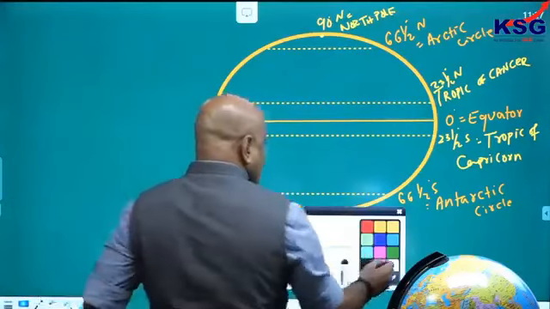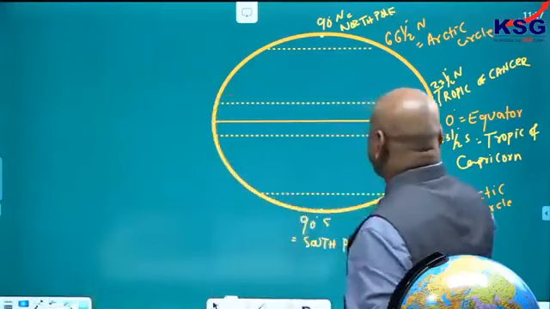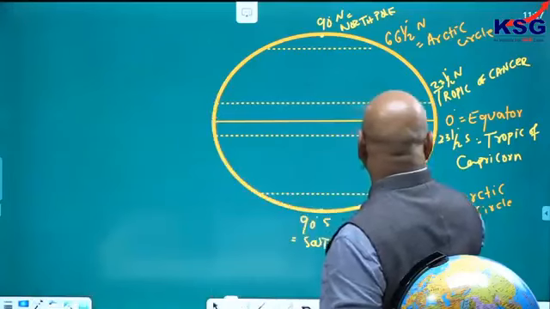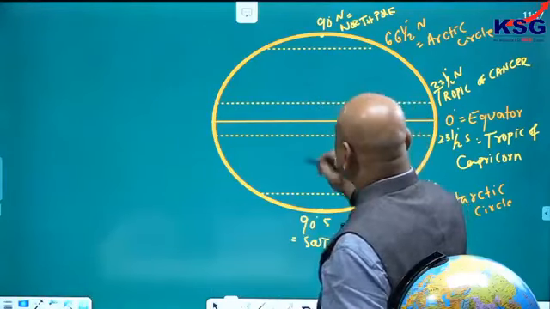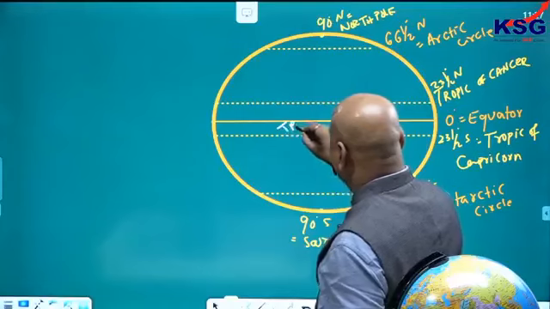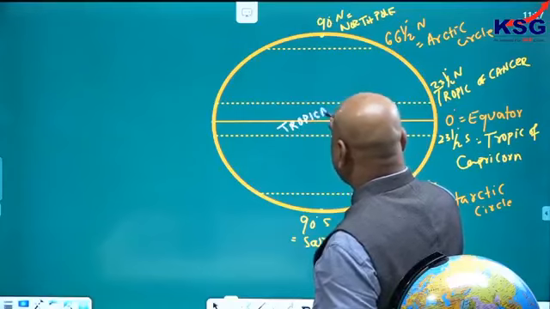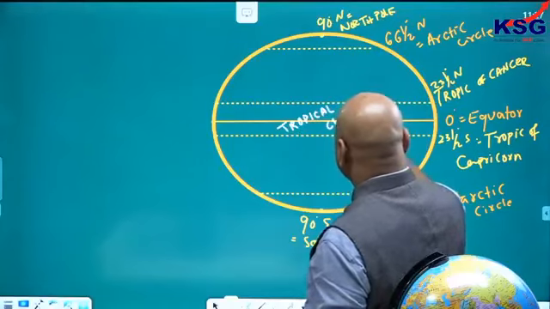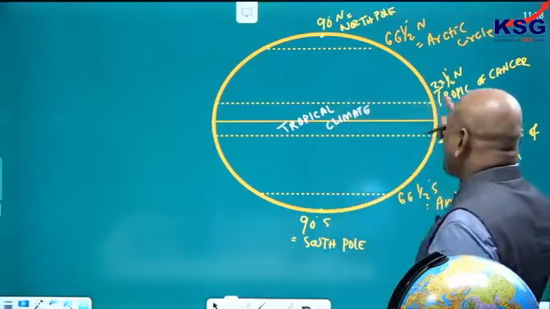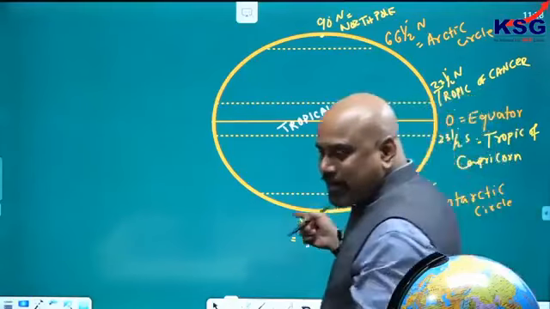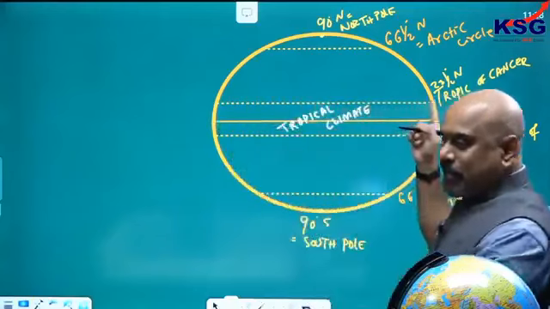Look here, this is the equatorial zone, and this is the tropical zone, tropical climate. In the tropical climate, it is 23.5 degree north to 23.5 degree south, that is, Tropic of Cancer to Tropic of Capricorn.